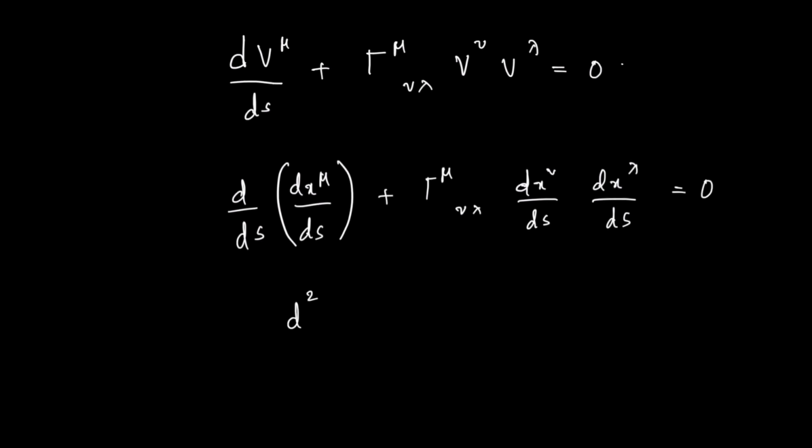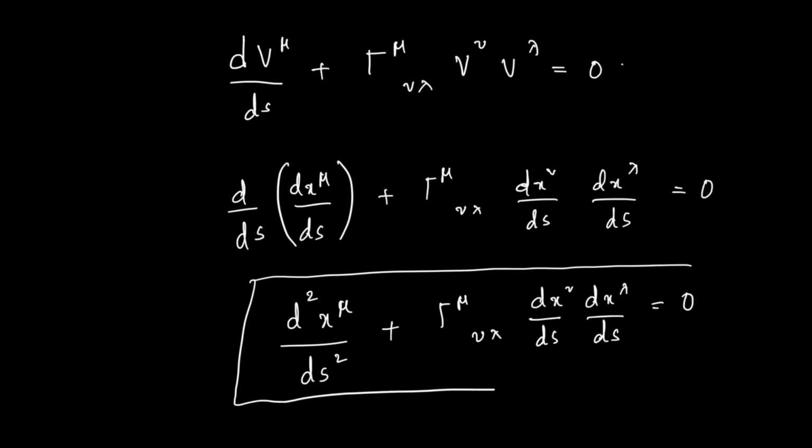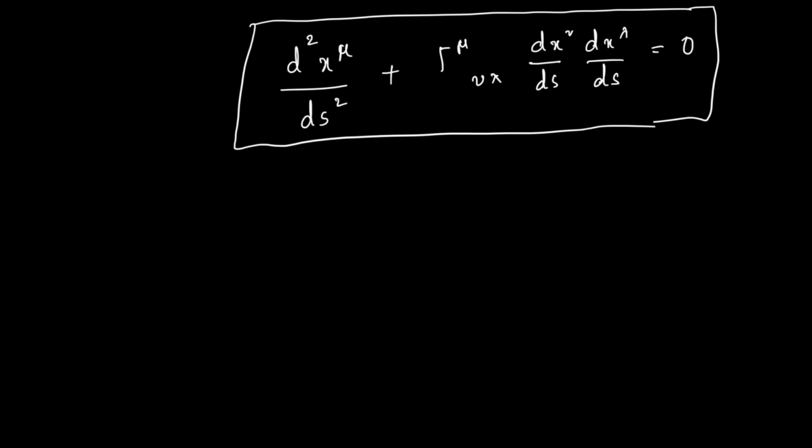So here it will be the second derivative of x mu plus Christoffel symbol mu nu lambda dx nu by ds dx lambda by ds is equal to 0. This is known as the geodesic equation, or it gives the trajectory of a particle in curved spacetime.